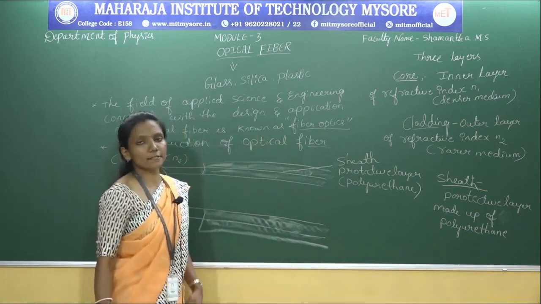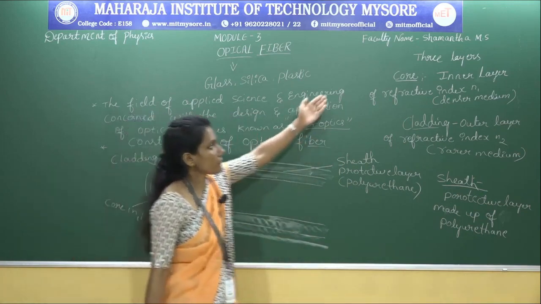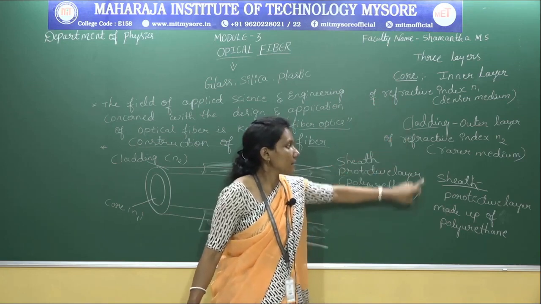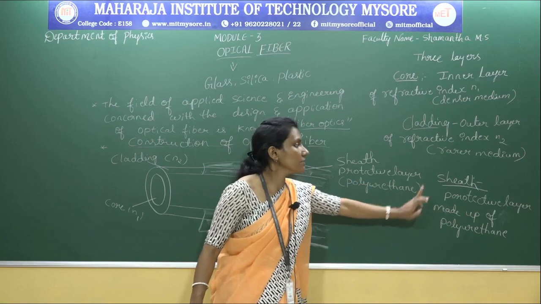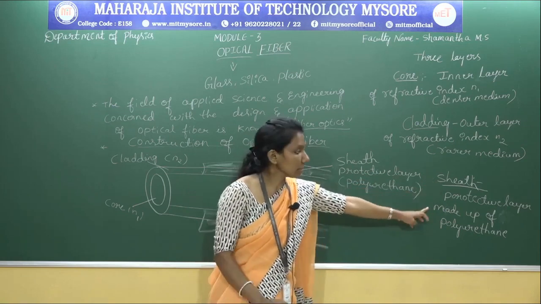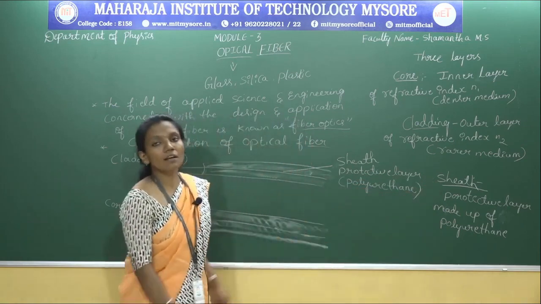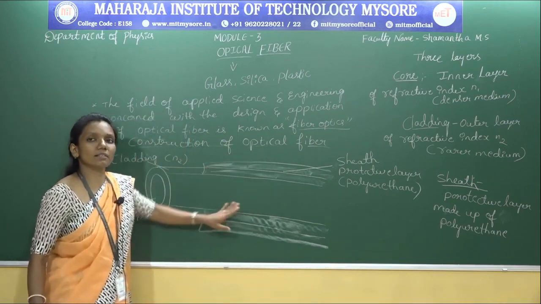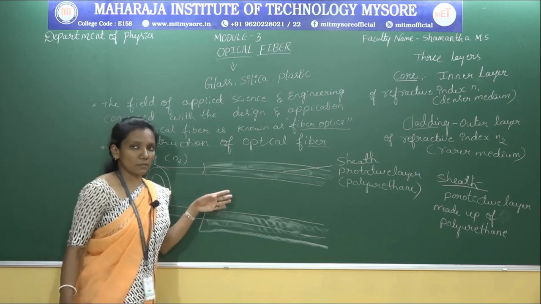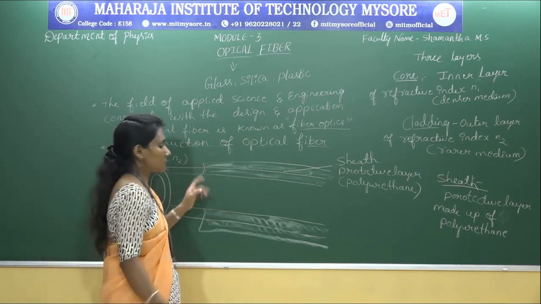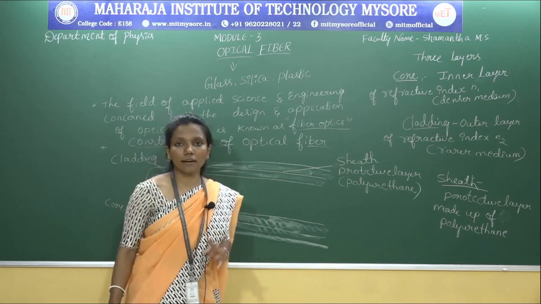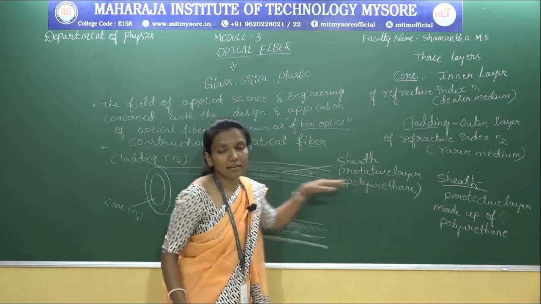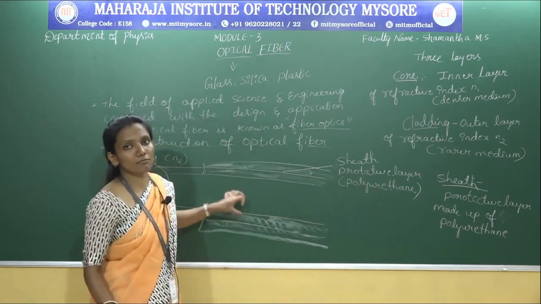So it mainly consists of 3 layers. One inside is the core and the outer layer is the cladding, and that cladding is covered with the sheath, the protective layer. It is made of a chemical, polyurethane. This protective layer covers the optical fiber from the outside, that is maybe rain, thunder, lightning. So from that, the polyurethane protects the optical fiber.